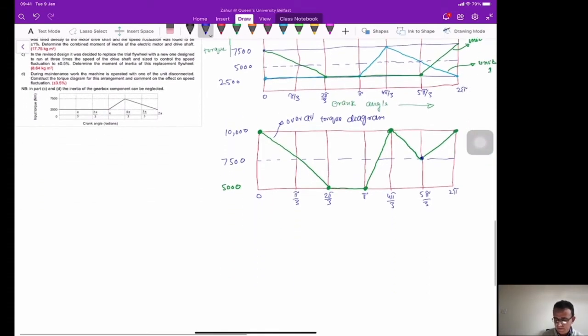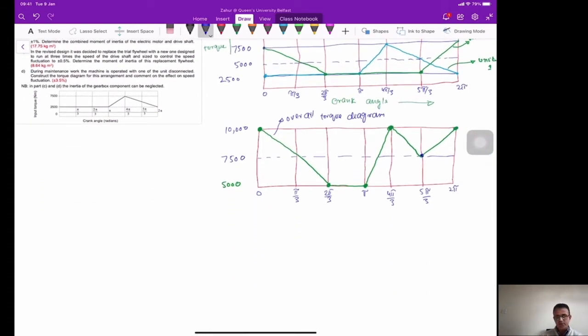Okay, now in this case, if you read the description of point D, you need to calculate the speed fluctuation here.